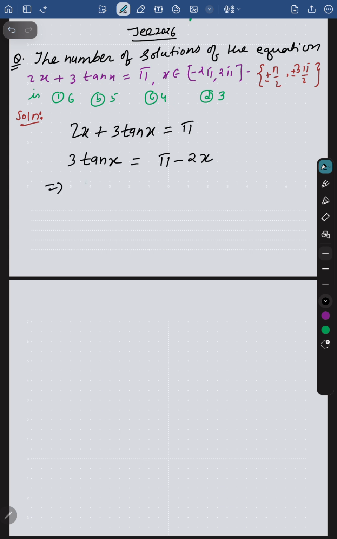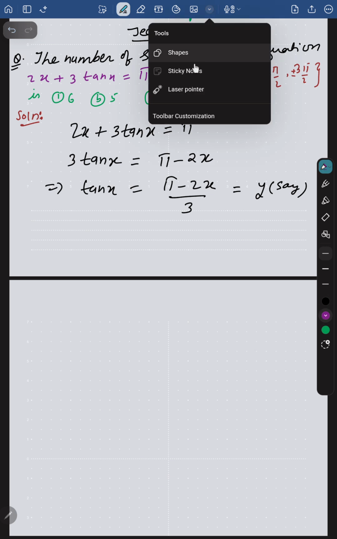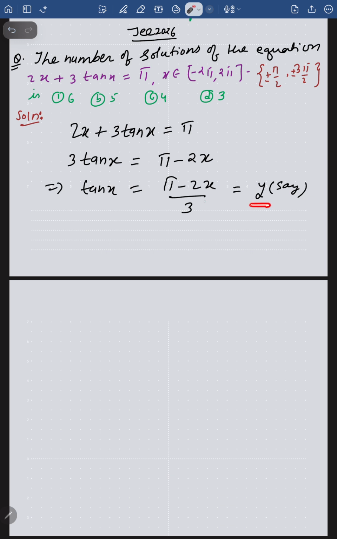So in this way you can do tan x equal to pi minus 2x upon 3, and all this we will assume as y. Now the trick behind this is that we will draw the graph of y equal to tan x and y equal to pi minus 2x upon 3, and the intersecting points will give you the number of solutions. So this is the trick.